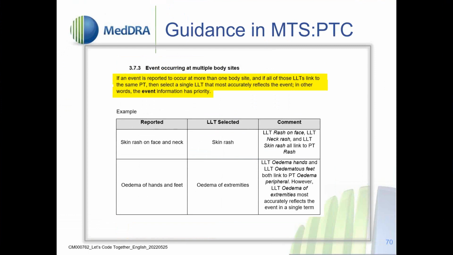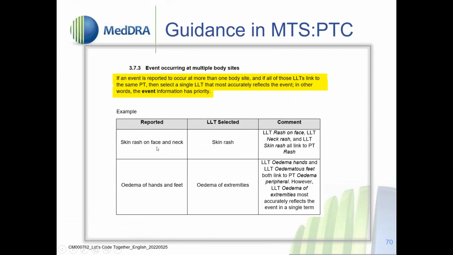So there's one example in the document that supports our view to just select one LLT for such a scenario. In section 3.7.3, we are told that if the LLTs representing the medical condition all link to the same PT, we should select a single LLT that most accurately reflects the reported event, meaning that capturing the underlying event information has priority. This is illustrated by a medical condition which affects more than one body site, here a skin rash.